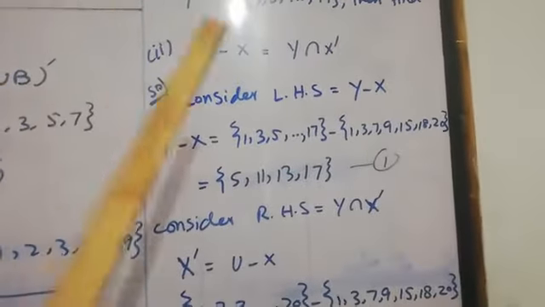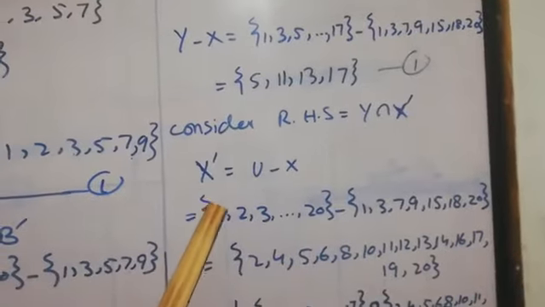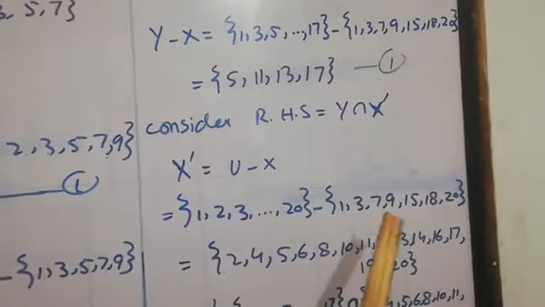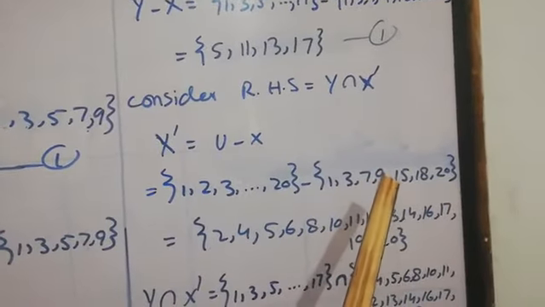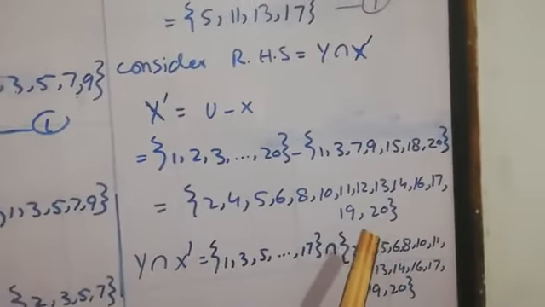Now consider the right hand side, Y intersection X complement. First of all, we will find X complement, which means U difference X. Elements of U difference elements of X. There is no sequence between these numbers, so we will write all the numbers 2, 4, 5 and so on up to 20.